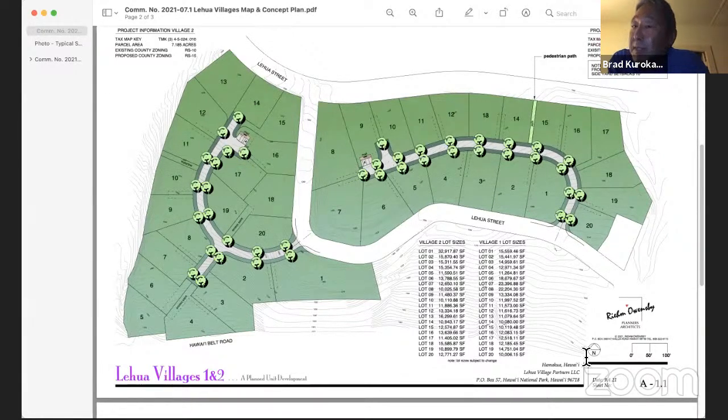So, maybe relooking at the whole PUD aspect of it, you might want to consider more of the pocket neighborhood type approach, looking at natural drainage ways to handle drainage, and not disturbing a lot of the steeper slopes, because a lot of them you're not going to be able to build on anyway.